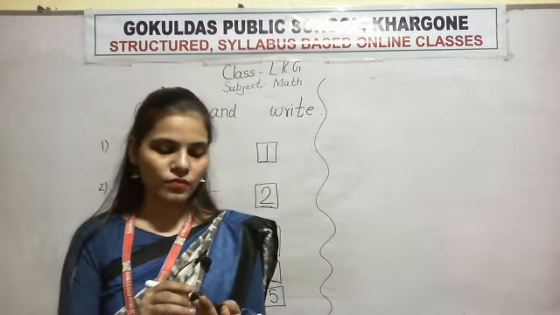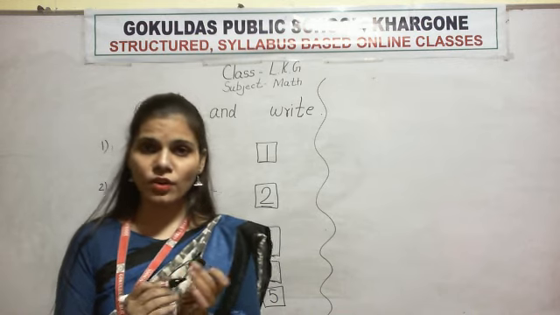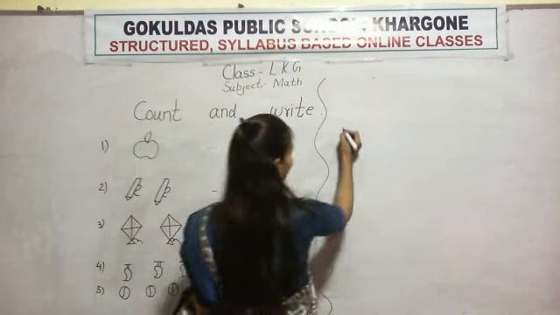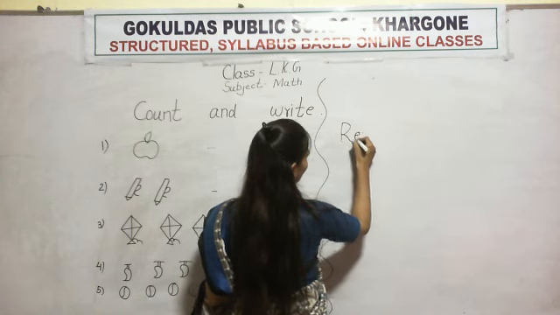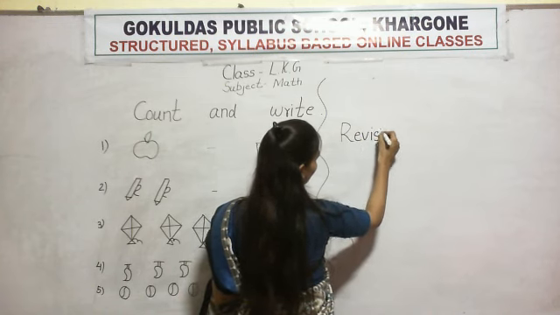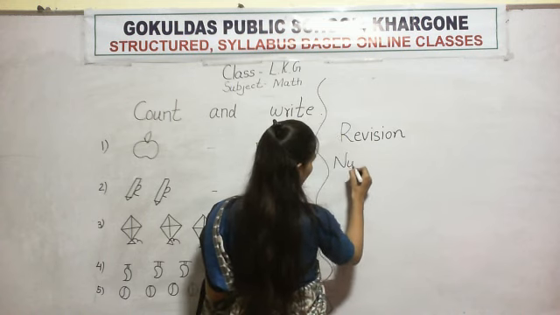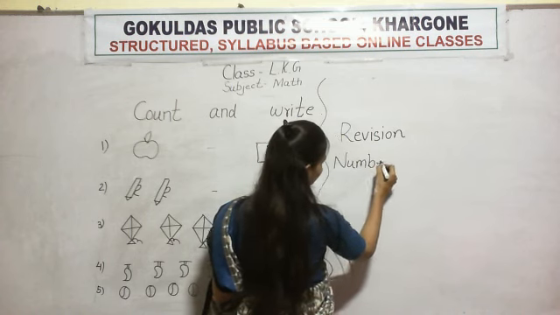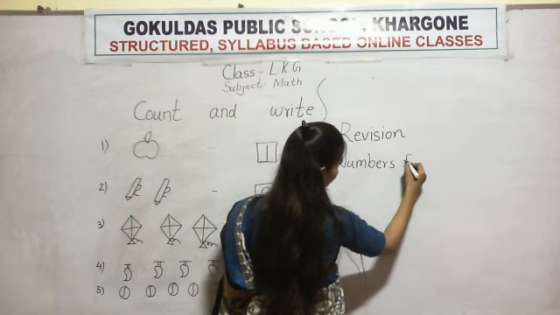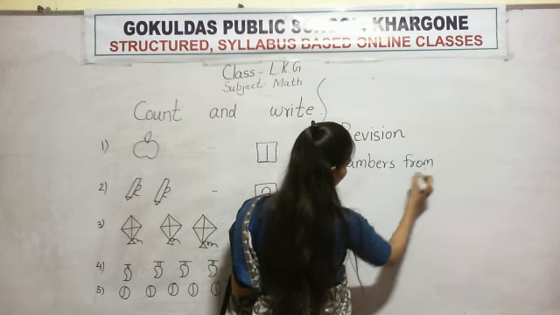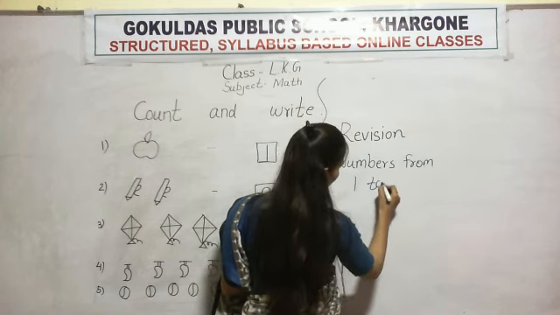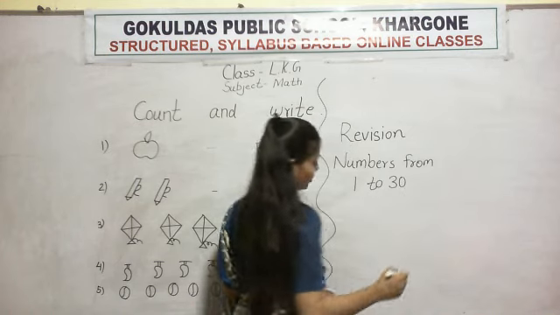Okay. So first question is numbers from 1 to 30. This is your revision part. Okay. So in revision you write numbers from 1 to 30. Okay.